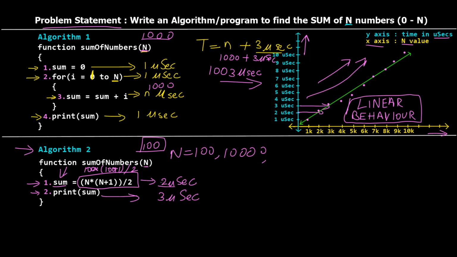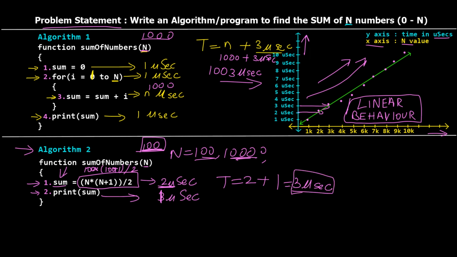Even when n is increasing, the total time t is equal to 2 microseconds plus this step, which we can just consider as 1 microsecond because printing does not take a lot of time. So 2 plus 1 is 3 microseconds. No matter what the value of n, your algorithm is taking 3 microseconds, which is constant.